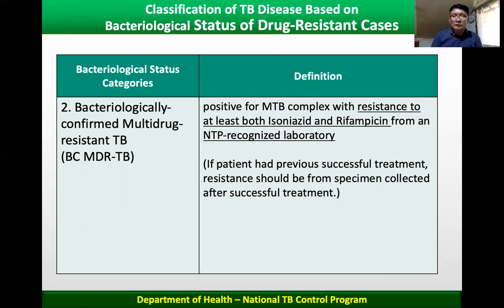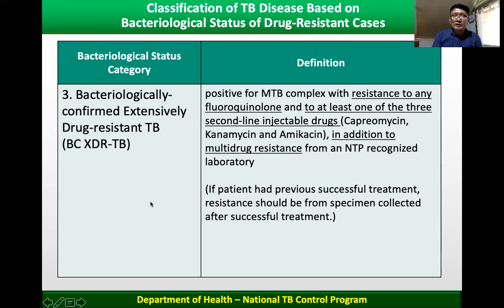So we know that GeneXpert detects rifampicin resistance. That's why we call them BCRR-TB. But now, since this is MDR, it involves both rifampicin and isoniazid, so therefore, we categorize them as bacteriologically confirmed multi-drug resistant TB.